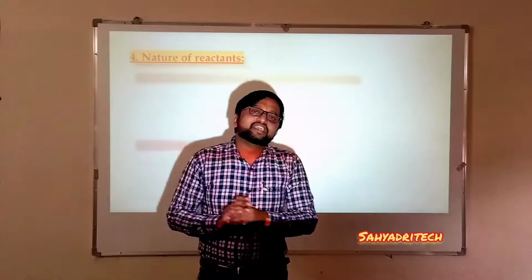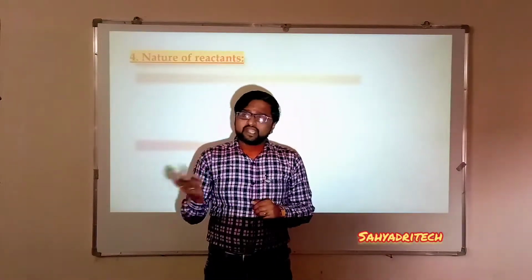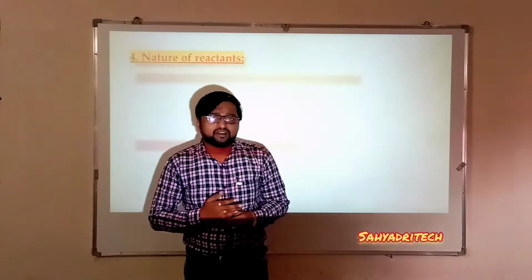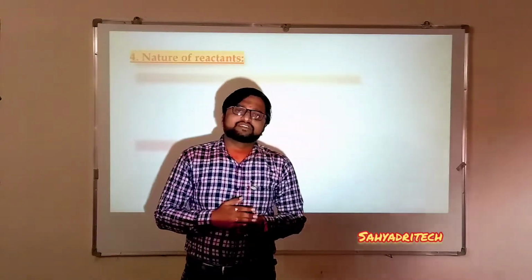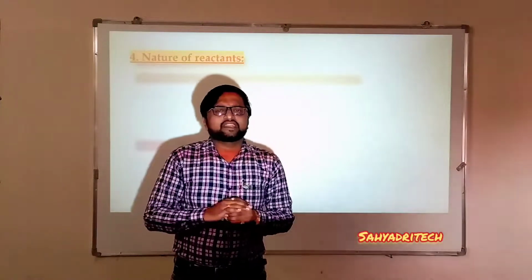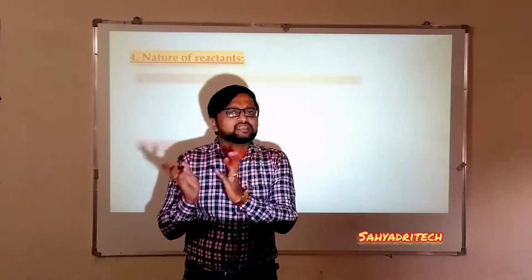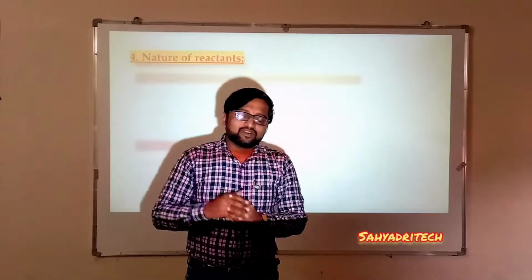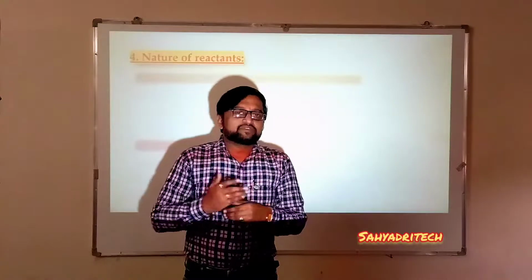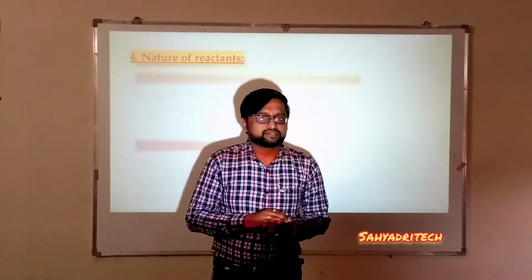So in an ionic reaction, what happens? There is no kind of bond cleavage or bond formation. There exists only an electrostatic attraction between oppositely charged species, that is cations and anions. Therefore, ionic reactions proceed very fast since there is no bond cleavage and bond formation.